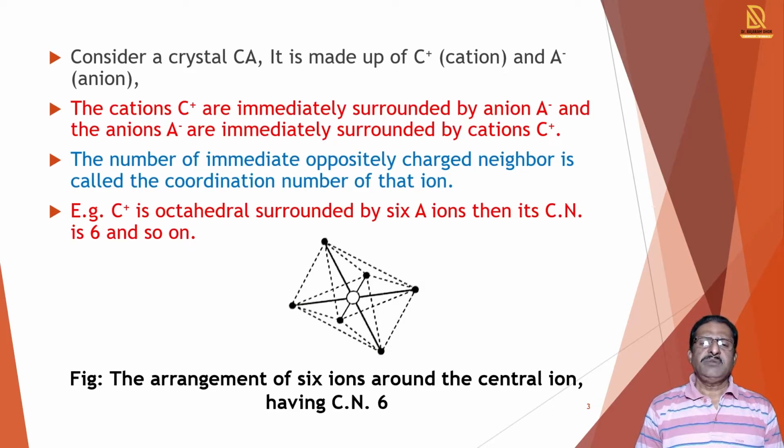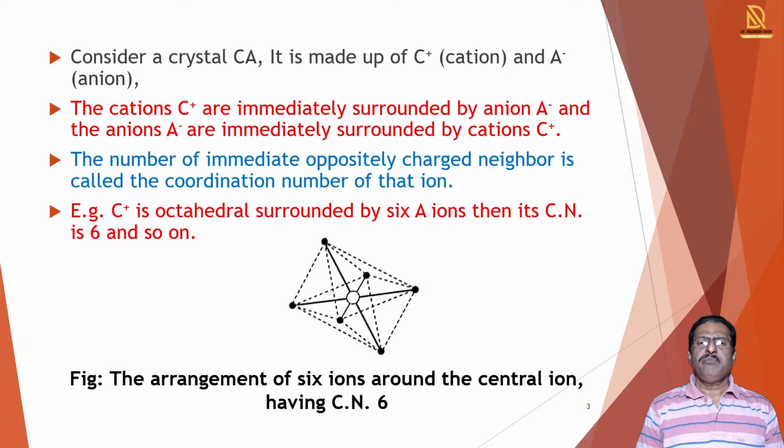So the cation C plus is immediately surrounded by anions A minus, and the anion A minus is again immediately surrounded by cations C plus. This continues in all three dimensions and forms a long crystal structure, cation plus, anion minus, cation plus, anion minus, regularly repeated.